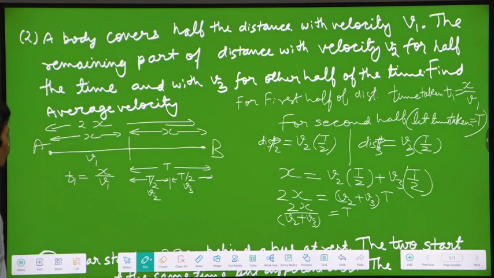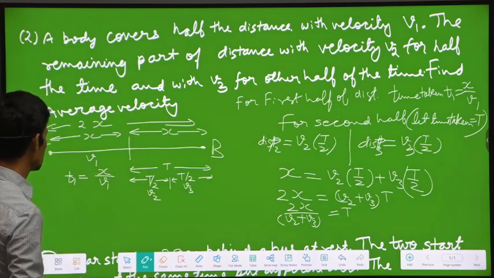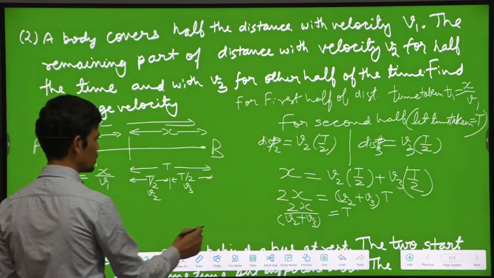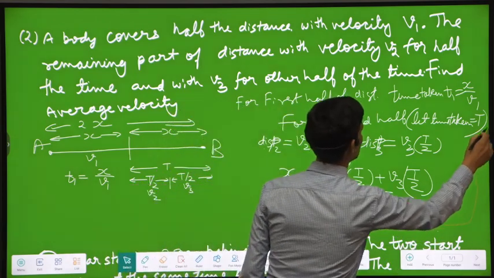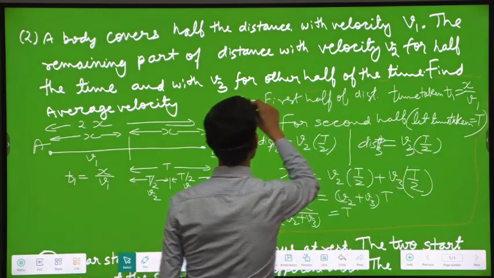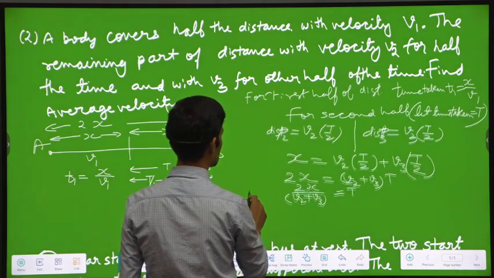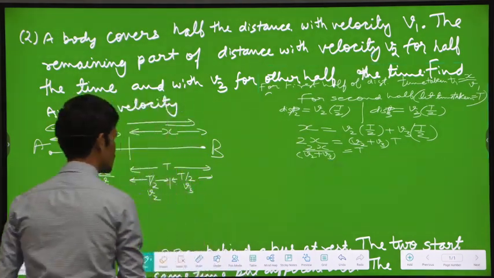Now we have the total distance 2x and the total time this much. We can apply it here, but there is less space, so let me first manage some space. Yeah. Okay.